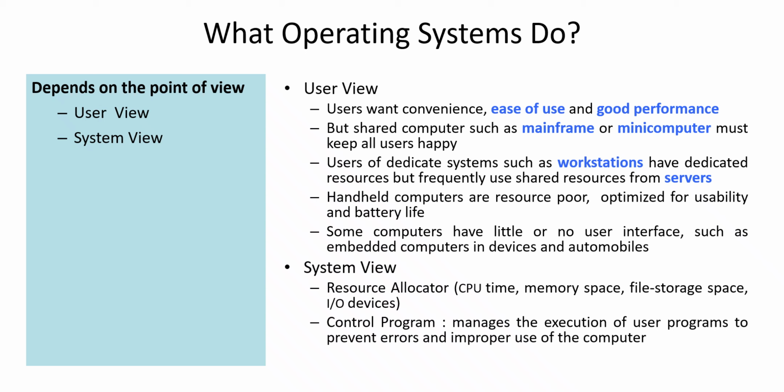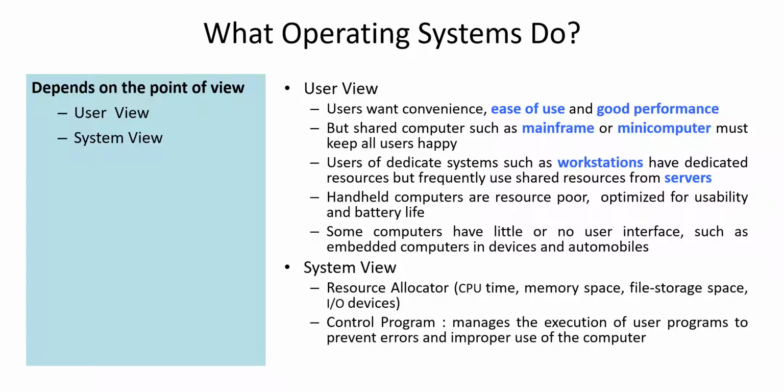Interestingly, what an operating system does really depends on your point of view. There are two main perspectives here, the user view and the system view. From the user view, people generally want convenience, ease of use, and good performance. But this varies quite a bit depending on the setup. On a shared computer like a mainframe or minicomputer, the OS has to keep all users happy simultaneously, balancing their computing needs.